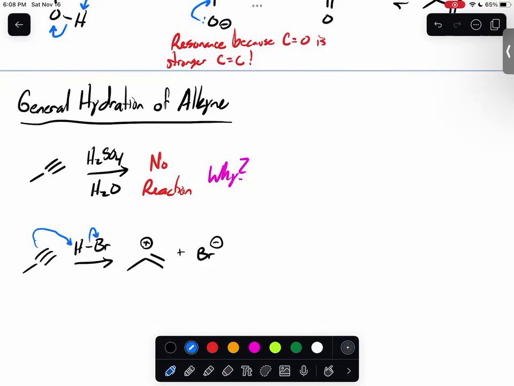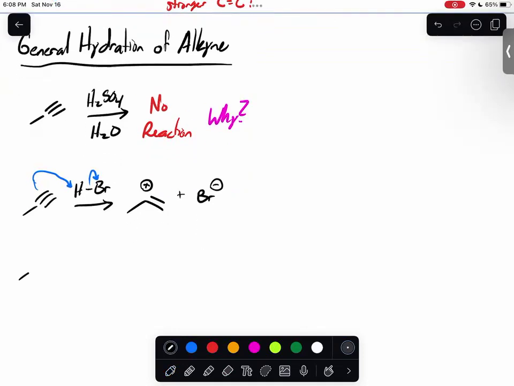However, when we're doing this same type of reaction with H2SO4 and water, we're not interacting with the H2SO4. Instead, we're interacting with H3O plus, hydronium. And that is actually a massive difference, because the pKa of HBr is right around -5, whereas the pKa of hydronium is right around 0.